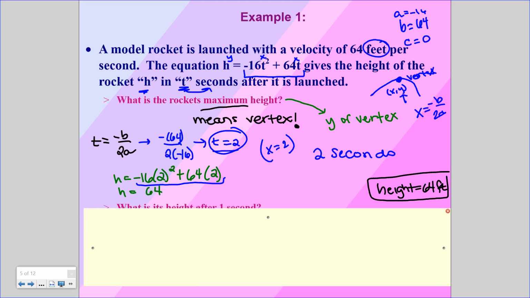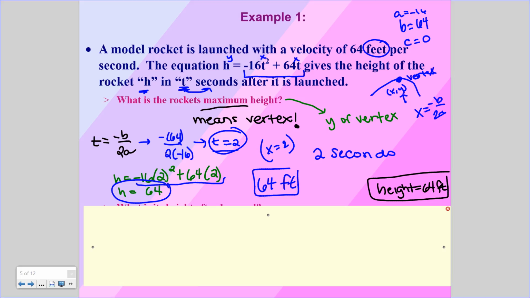And that tells us that the height of the rocket at 2 seconds, or at the vertex, is 64 feet. So together, that means your vertex is the point 2, 64, and the 64 is the piece that told us how high, because y stood for height.